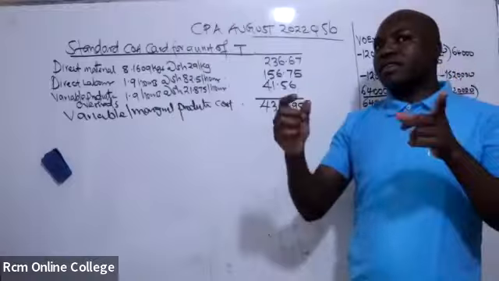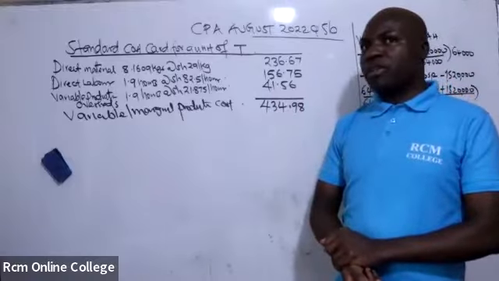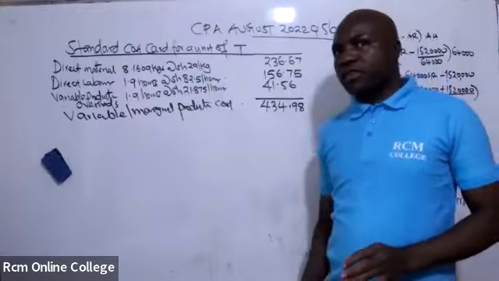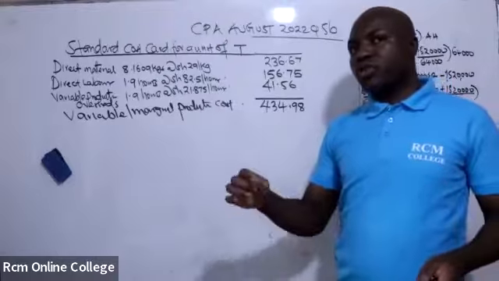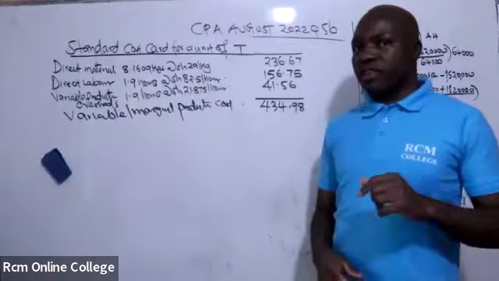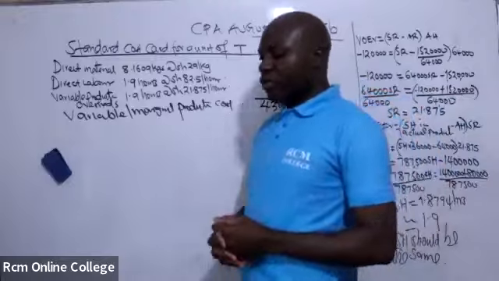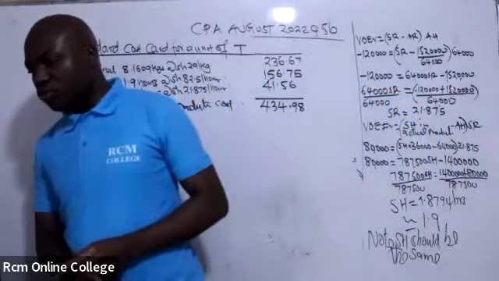In account analysis method, what happens? We're supposed to get total variable cost, total fixed cost, but for the total variable cost, we use the cost driver. Those who attended the mock, you must have interacted with something of that kind, especially mock number 2.